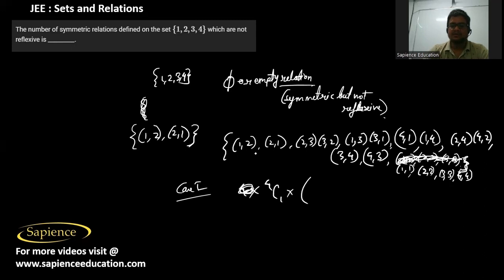here actually we can choose any one of the given pairs, 1, 2, 3, 4, 5, 6. So out of these 6 pairs, any one we can choose.